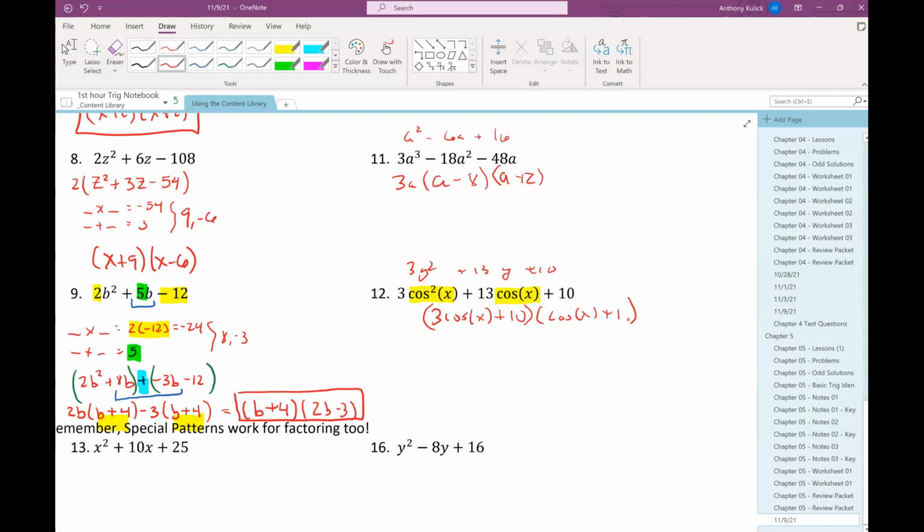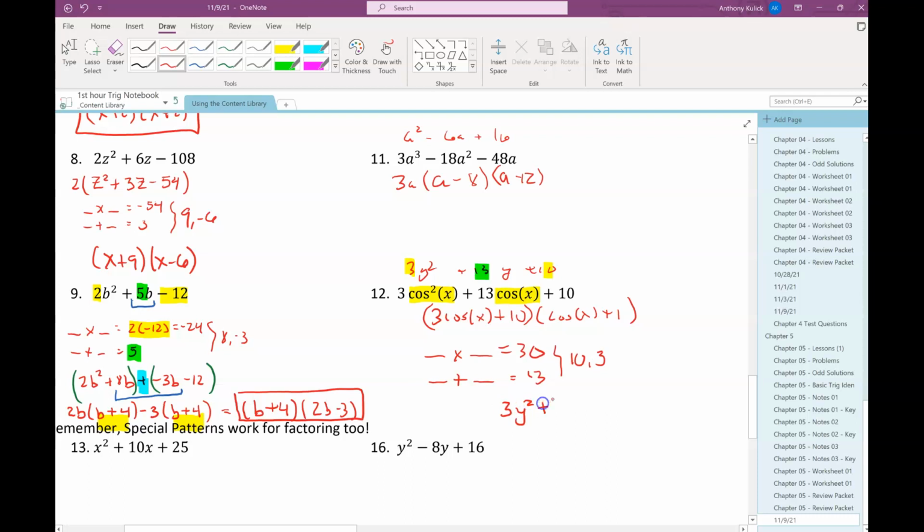Do you guys want to go through this one? So again, you're looking for the two numbers that multiply to give us 3 times 10, and then add to give us 13. Anybody see those two numbers? 10 and 3, right? Hopefully that's not too hard to see.